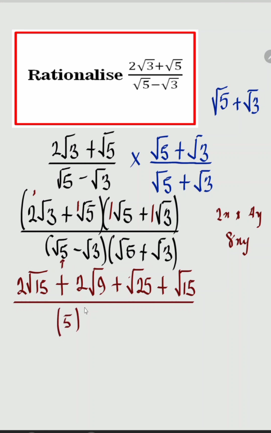Root 5 all squared, minus, it must be minus always when you multiply two surds of this form where the signs between them are alternating, that is plus and minus, that is both are conjugates to each other. Then you take the second term, root 3 also, then you square it.